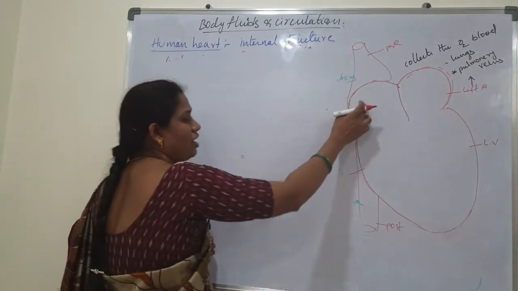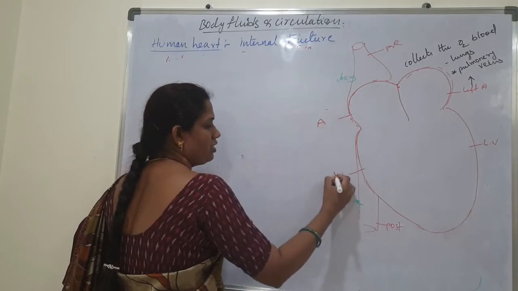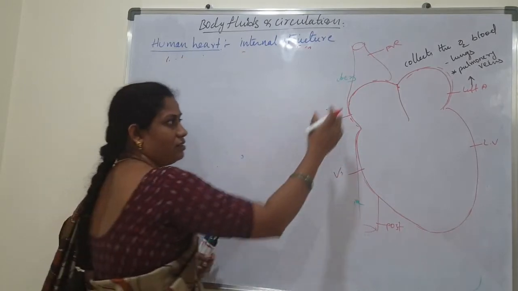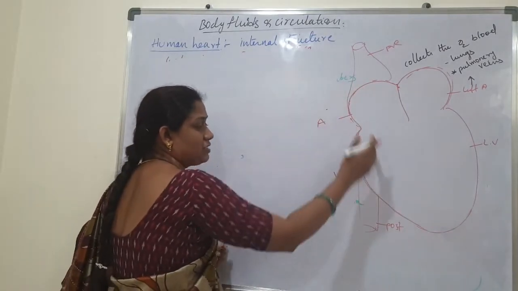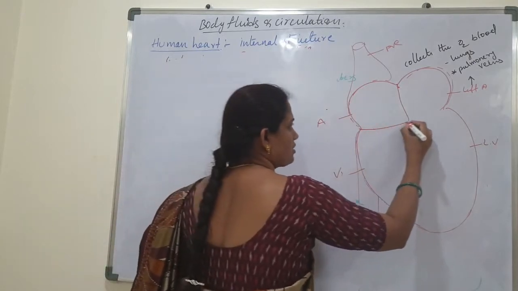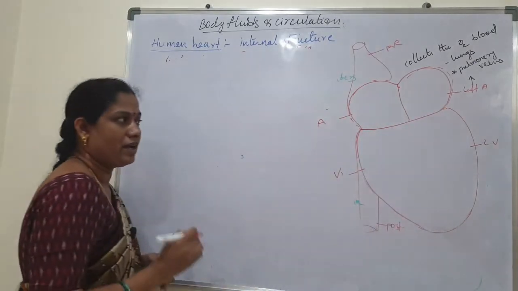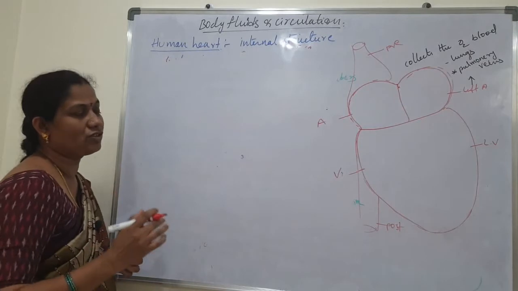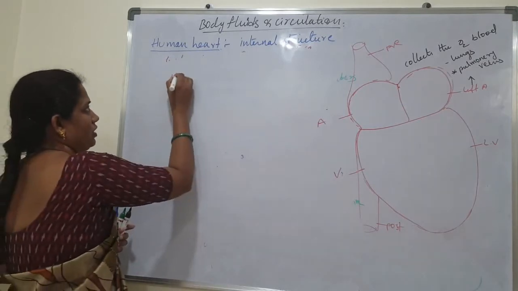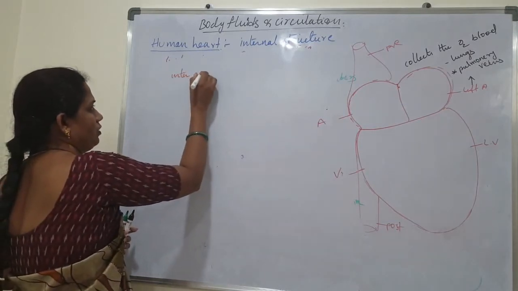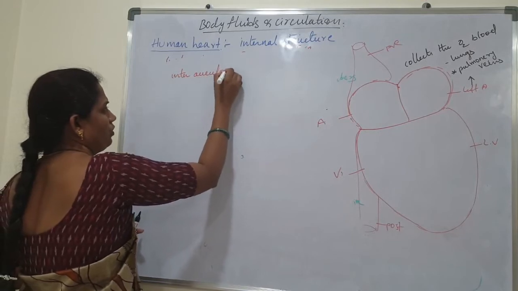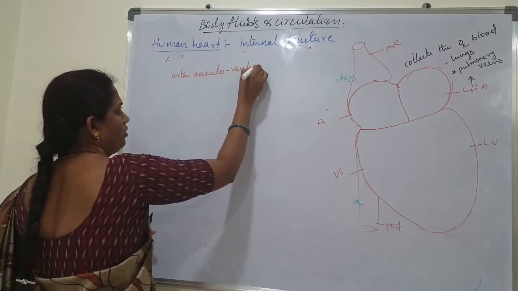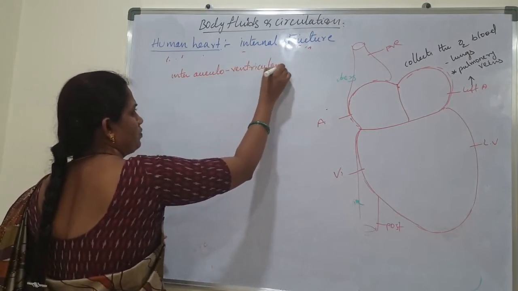Here these are atria and ventricles. Internally, the atria and ventricles are also separated by the interauriculoventricular septum.